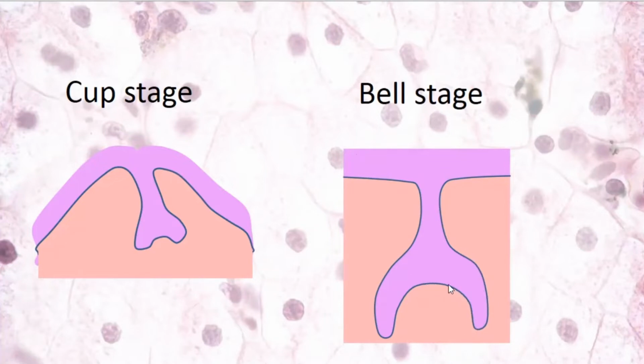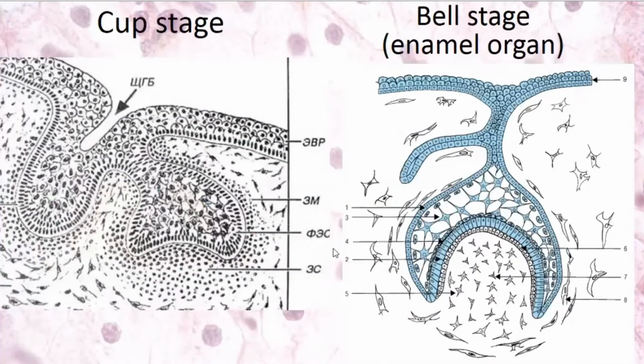It has inner enamel epithelium and outer enamel epithelium, and this is the dental papilla, which is a mesodermal structure. It's processes of mesoderm or mesenchyme which grows inside the enamel organ. So here we can see the cup stage and the bell stage. It's the dental plate, and here we can see the bell. It's a special structure which will form the tooth.